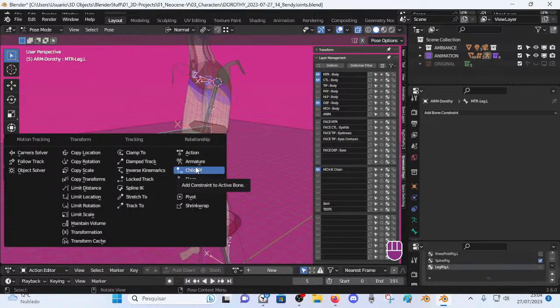Now this doesn't have offset. Yeah, there don't seem to be many choices here. Copy Transforms, no. Limit Distance, Limit Location. It's just some sort of following, but not straight following. There is nothing like the copy location, right? Yeah, that's it.